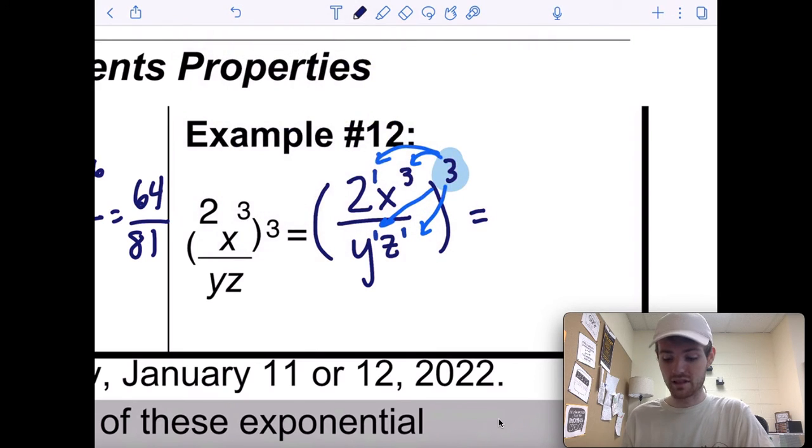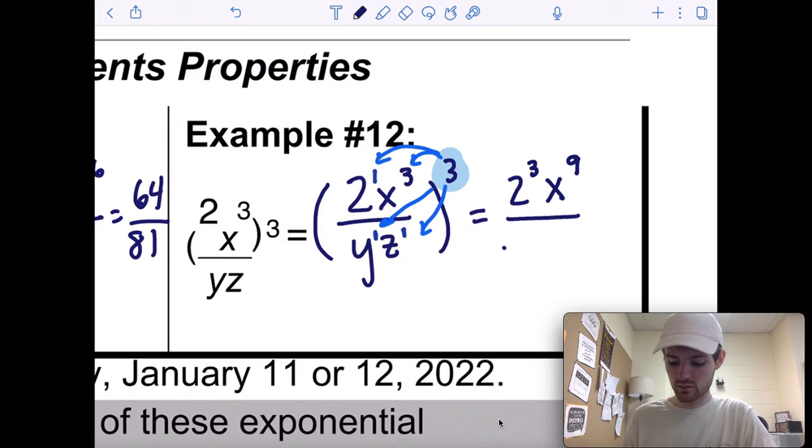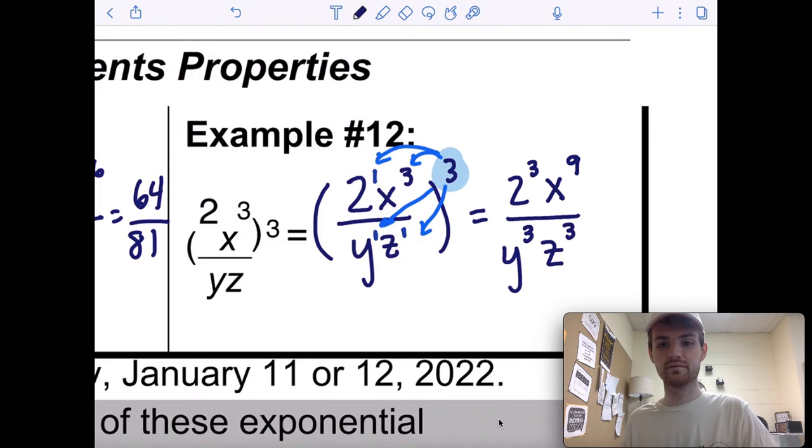So what that becomes is 2 to the third, x to the 1 times 3 is 3, 3 times 3 gives us 9, y to the third, z to the third.